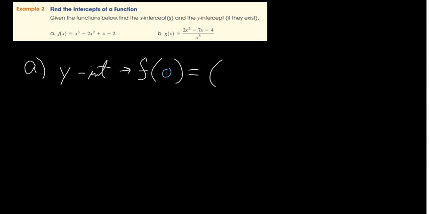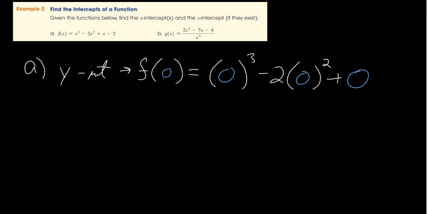This is going to get tedious, but I've got to do what I've got to do. So this becomes 0 cubed minus 2 times 0 squared plus 0 minus 2.